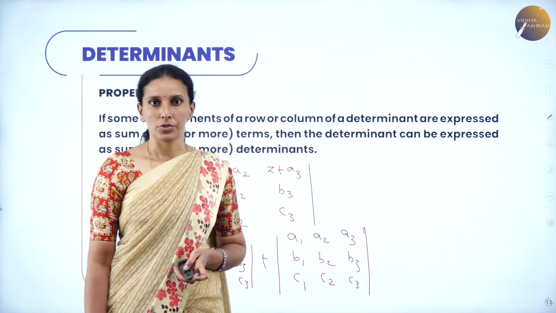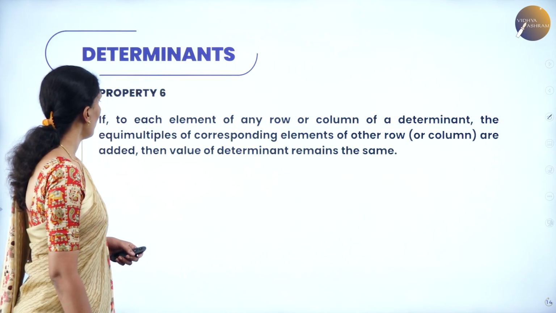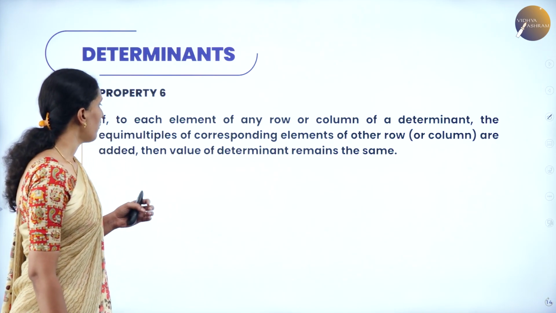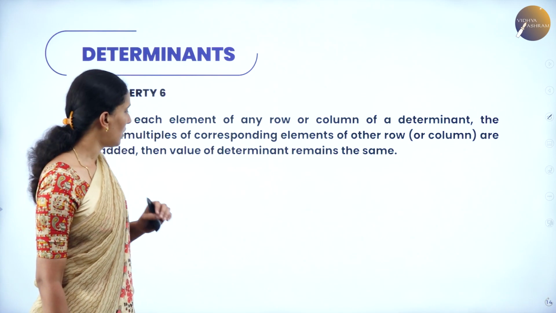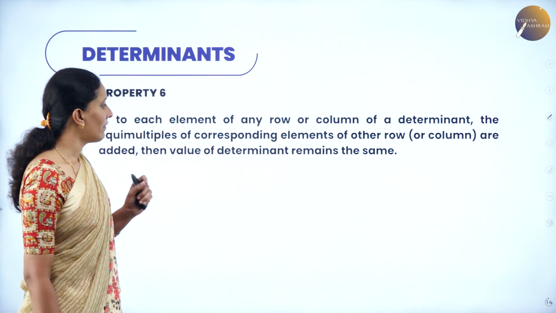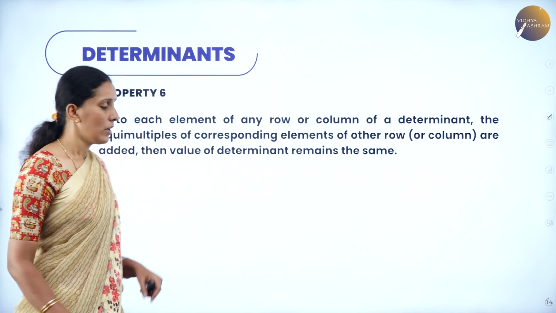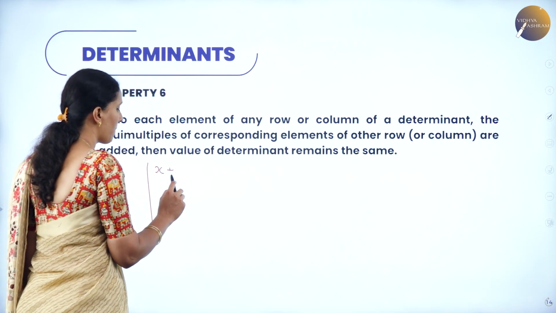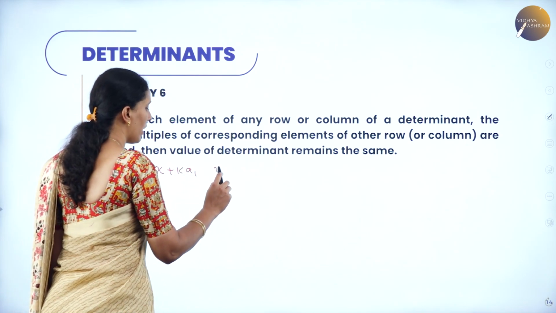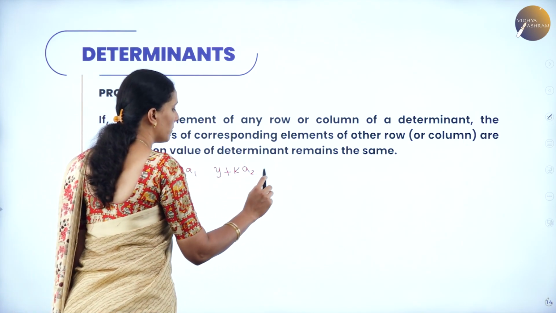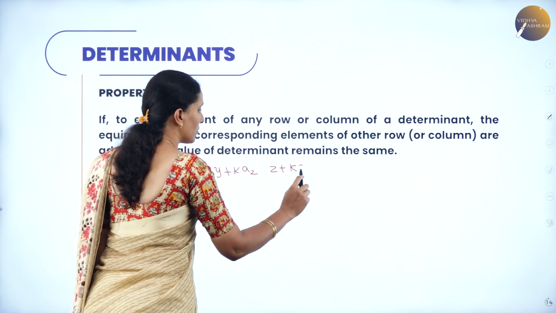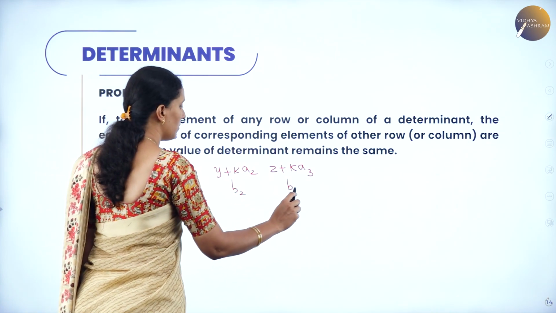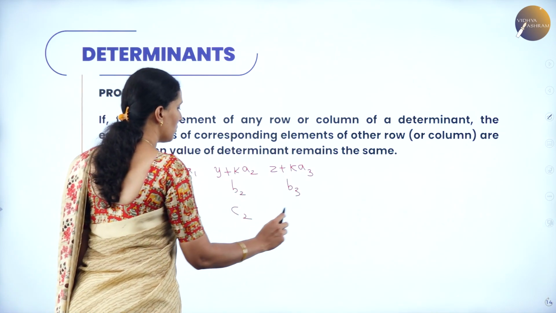Next is, if to each element of any row or a column of a determinant, equimultiples of corresponding elements of another row are added, then the value of the determinant remains the same. Suppose I take the elements x plus ka1, y plus ka2, z plus ka3, and then b1, b2, b3, c1, c2, c3.